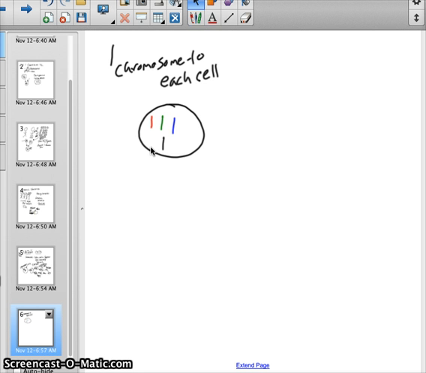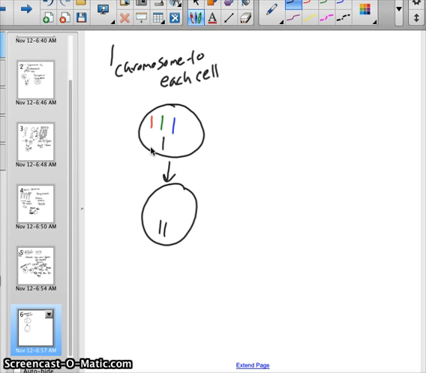Our cell first multiplies the chromosomes. 1, 2, 1, 2, 1, 2, 1, 2. Actually, this isn't exactly going to be the best way to show this, so I'm going to have to change up. Ignore this.